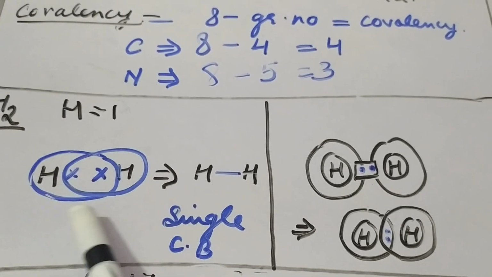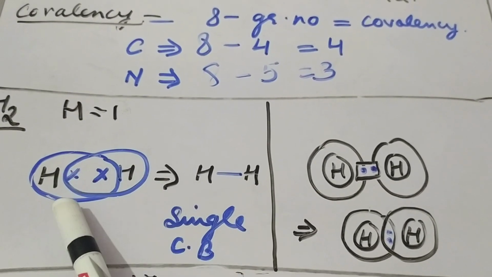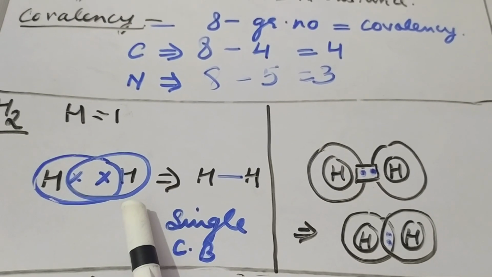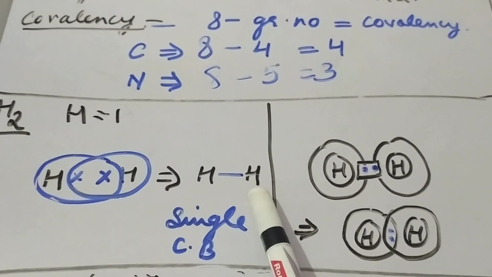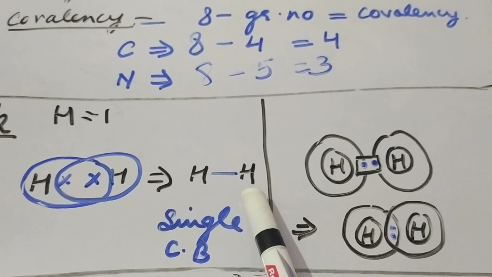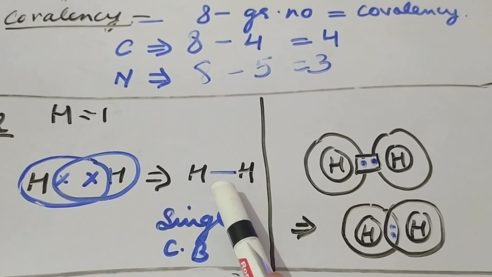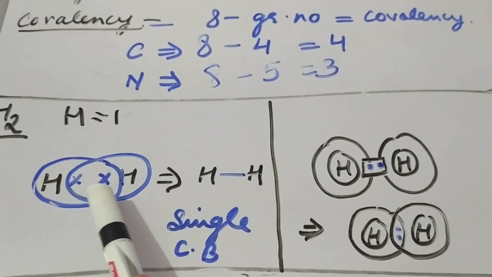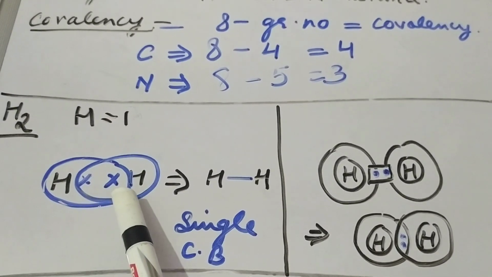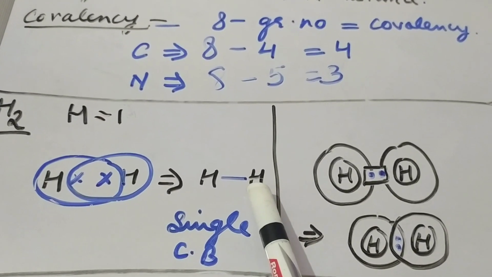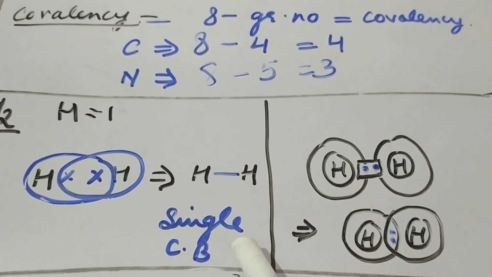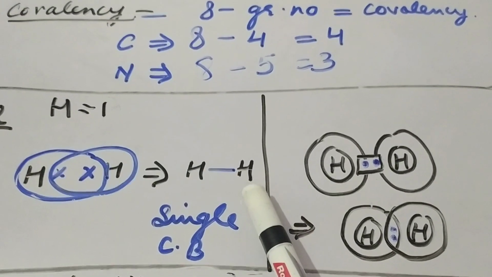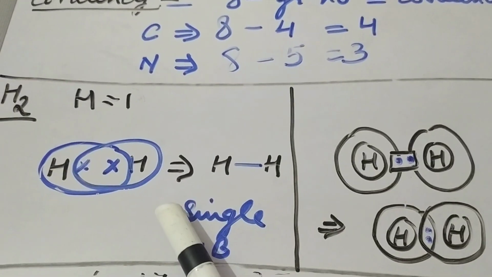Now if they share both of the electrons, both will become stable because both complete their duplet. This structure is called the bond structure, in which we draw a line to show the electron pair shared. If one electron pair is shared, we draw one line, and this is called a single covalent bond. This is also necessary to draw along with the electron dot structure.